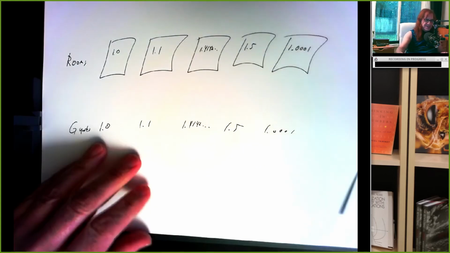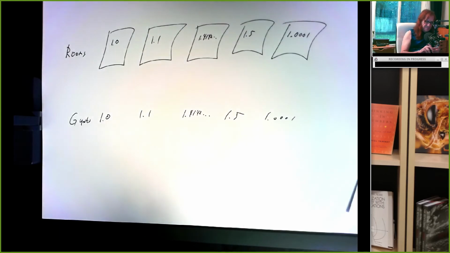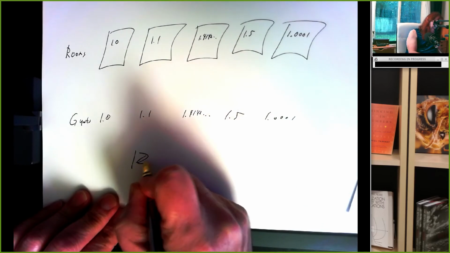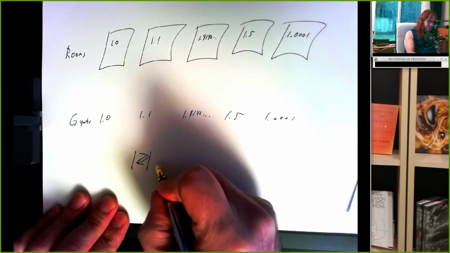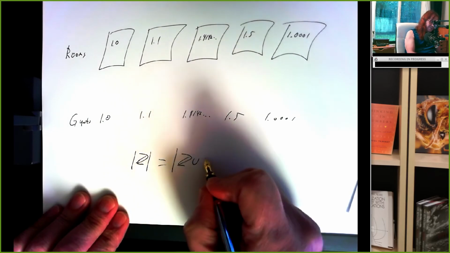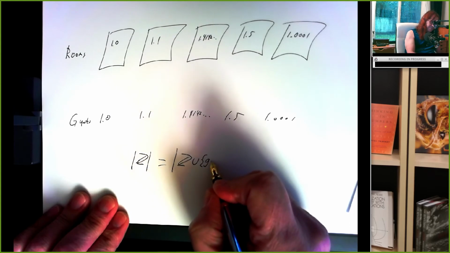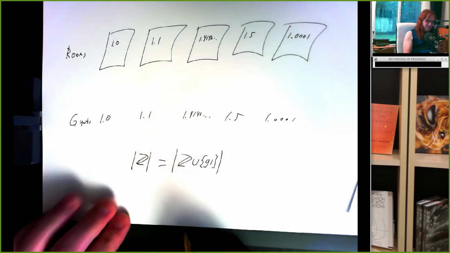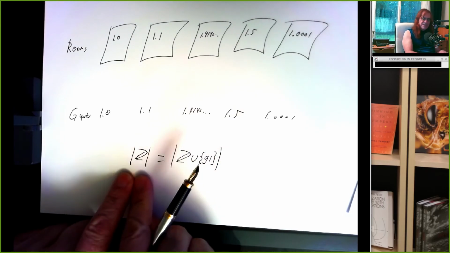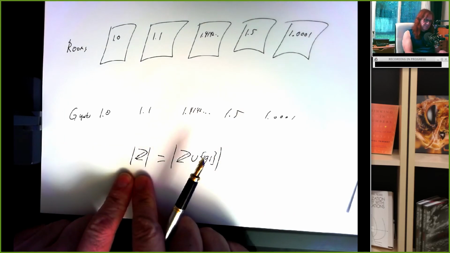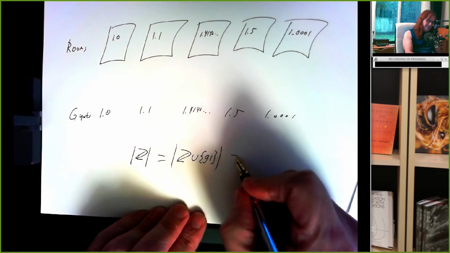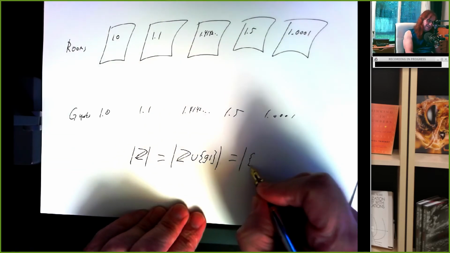And so this cardinality symbol that we have, if we say how big is the set of integers, we can say that's equal to the set of integers unioned with a new guest. So take the set of integers, add one more thing. It's got the same amount of stuff as the original set of integers. And it's the same as the cardinality of the set of evens.